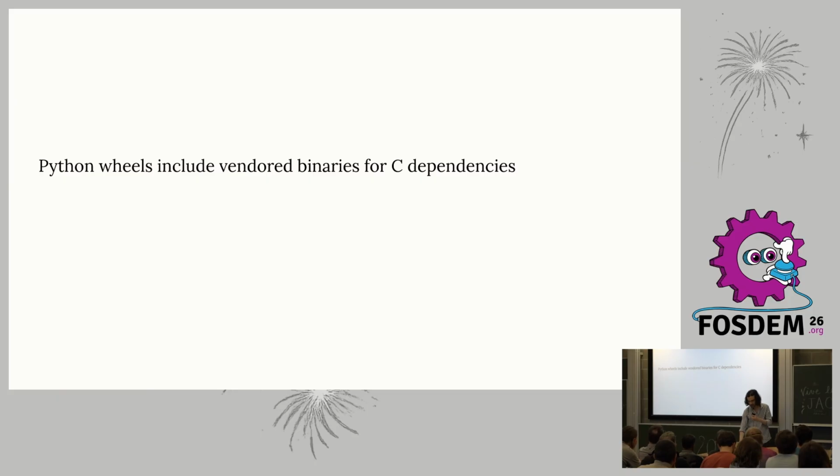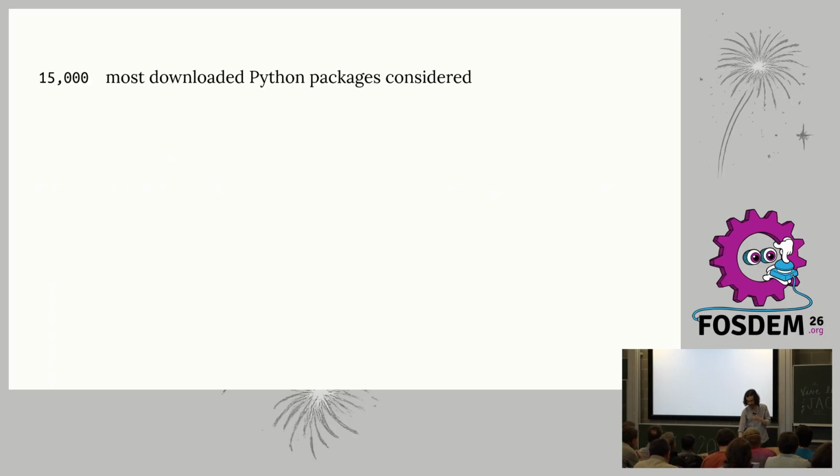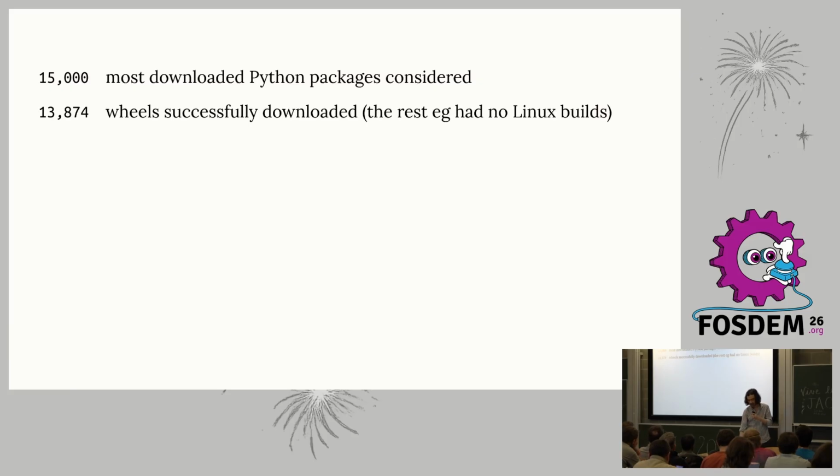So Python wheels include vendored binaries. If you depend on OpenBLAS, it's going to include a dynamic library, a compiled version of OpenBLAS, in your wheel. So that's good, and we can detect that. So let's investigate. I looked at the 15,000 most downloaded Python packages. I could only download 13,874 of them for various reasons.